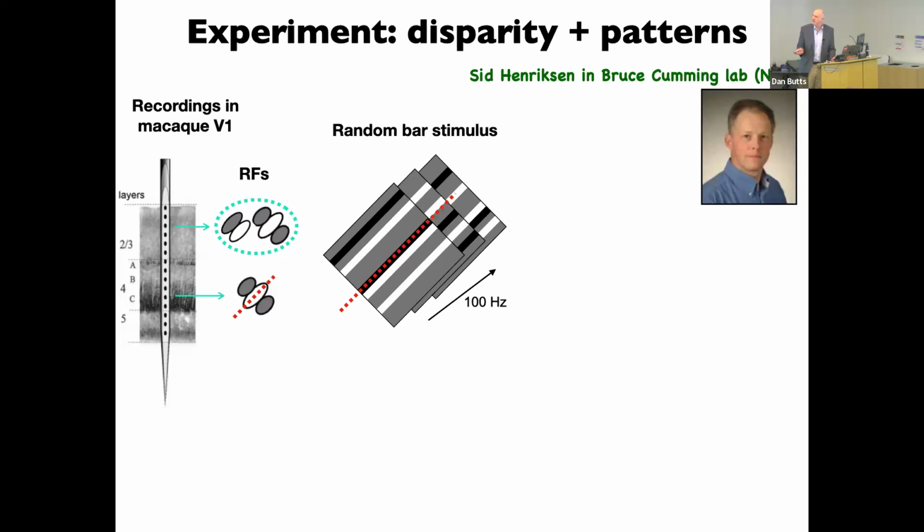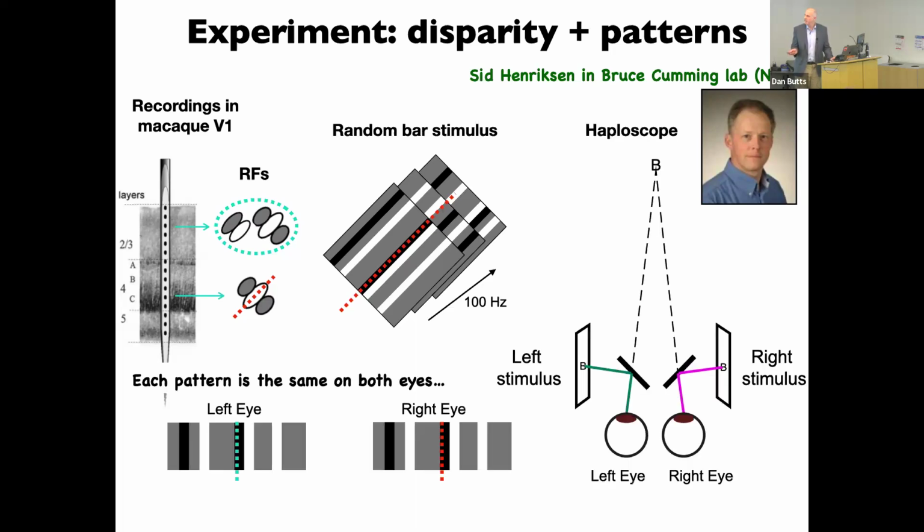Once you have this particular pattern of bars, you present it to both eyes using a haploscope. All a haploscope is, is a set of mirrors oriented so it looks like you're looking forward, but really you're looking at one monitor versus the other. So you look like you're fixating on a point in the distance, but in fact you're looking at two different monitors, and you can manipulate disparity relatively easily.